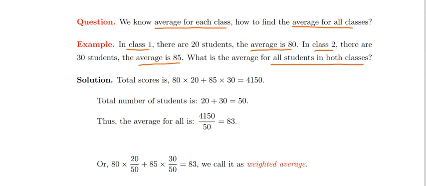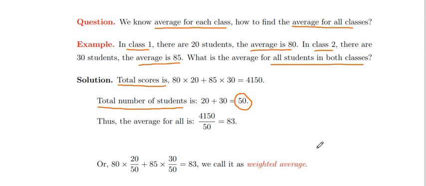So we cannot use 80 plus 85 divided by 2, right? We can do it this way. We ask what is the total score, then divide the total score by the total number of students. For the 2 classes, we have 50 students in total: 20 in class 1, 30 in class 2.